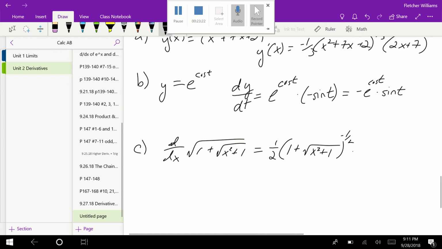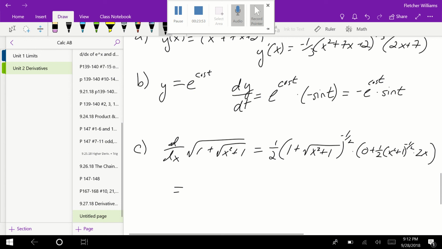Well, that's 0 plus 1/2, because you've got a square root, all the stuff on the inside to the negative 1/2, times the derivative of the inside. And then now you can simplify it a little bit.